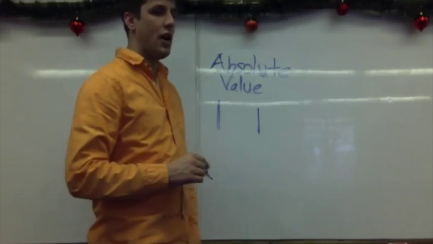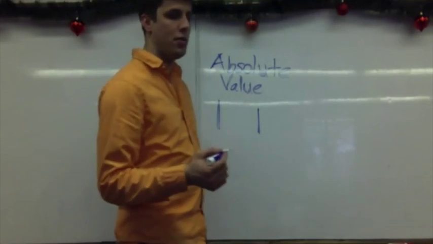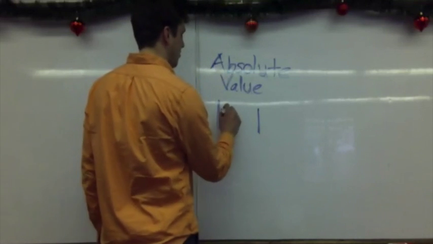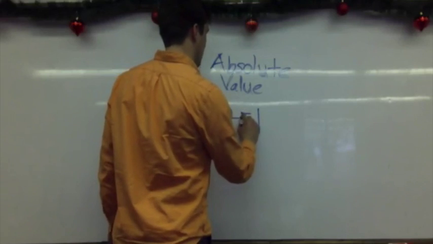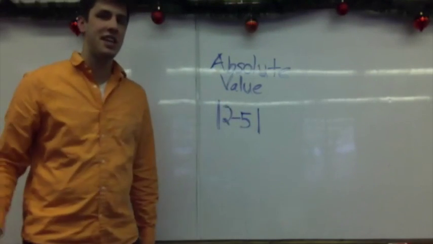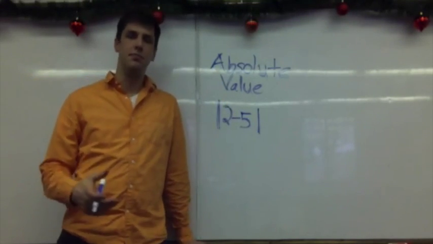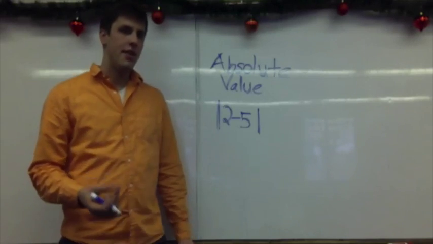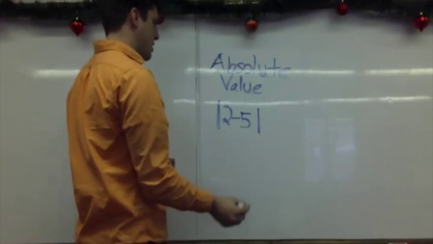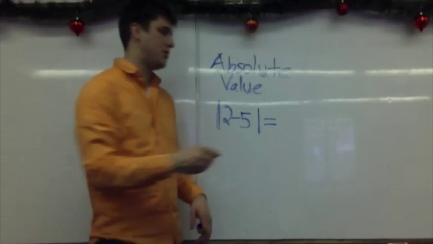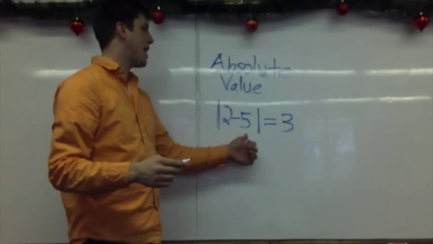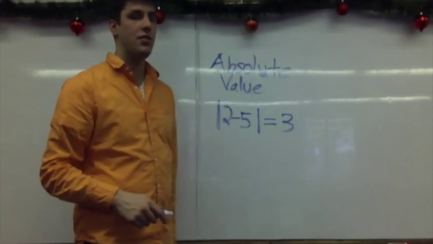So the absolute value of a problem like 2 minus 5, you would first do the problem on the inside. And 2 minus 5, as you know, is a negative 3. If you take the absolute value of negative 3, what that does is it changes it to a positive 3. So the absolute value of 2 minus 5 is positive 3.